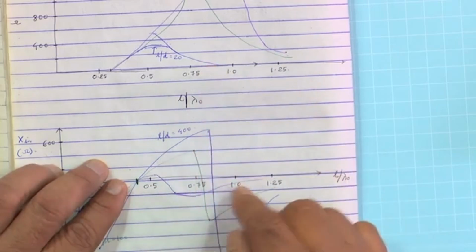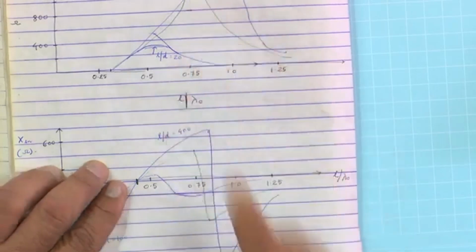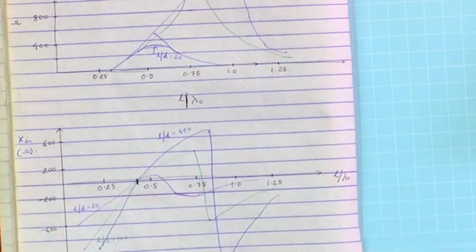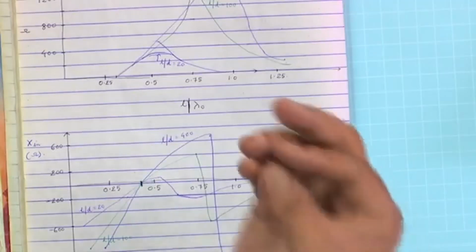But the problem there is that in those places the radiation resistance is very high. Why? The reason is that if the length is 0.7 or 0.8, then at the feed point, at the input point, the current is not going to be maximum, the current is going to be minimum.